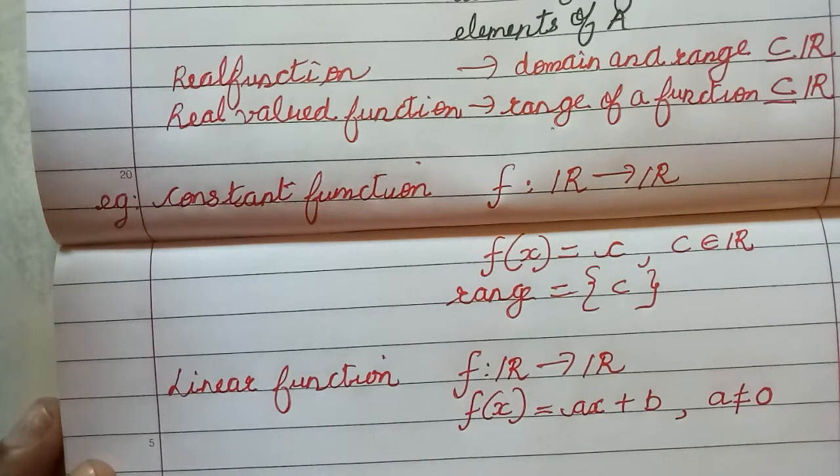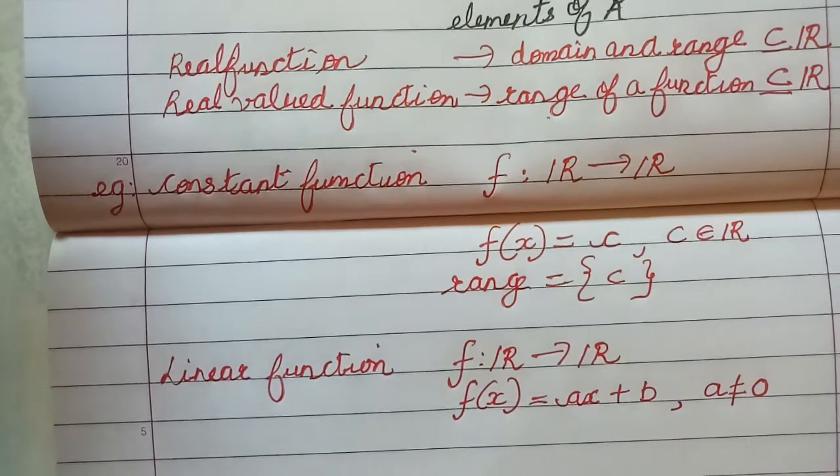Here again the domain is going to be the set of real numbers, R is again going to be your codomain, and your range is going to be the values which ax + b gives for different elements coming from the domain.